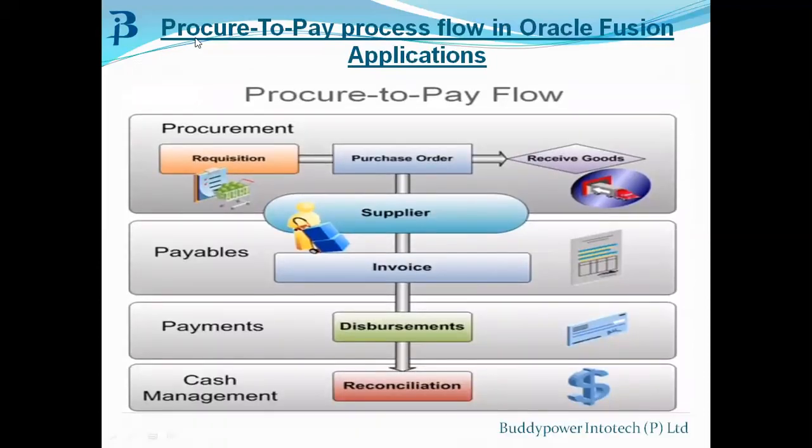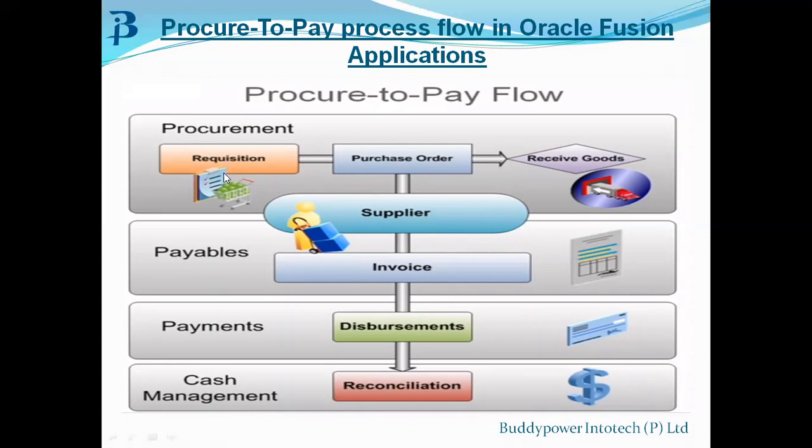This process begins with the demand, as I said, and that demand is recorded in the form of a requisition. Then this requisition is used as a base for requesting supplier quotations, right? It will not just be given to a particular supplier. There will be many suppliers bidding for it. Then the supplier quotations are entered into the application for comparison.